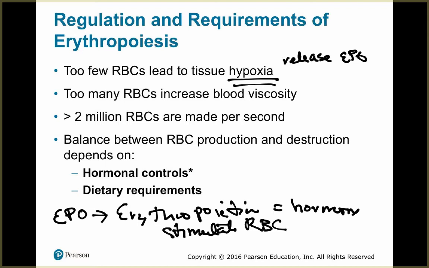So EPO, or erythropoietin, is a hormone that gets released in times of tissue hypoxia or reduced oxygen levels. Now, if you have too many red blood cells, the tissue can become too viscous, otherwise known as being too thick.